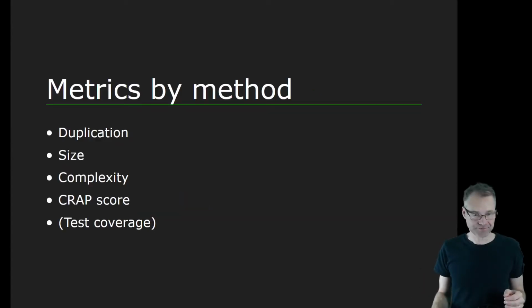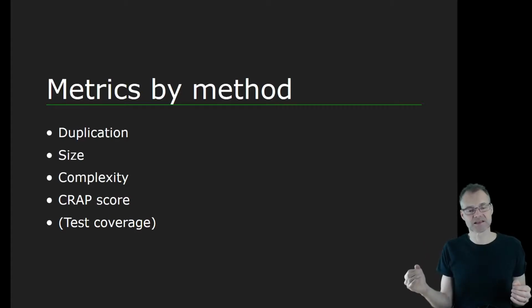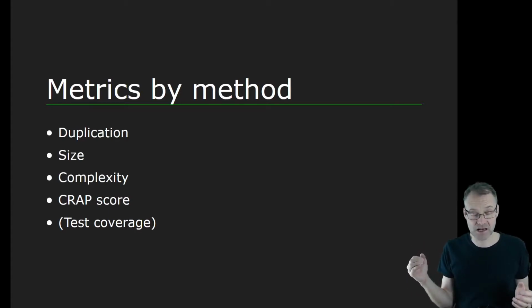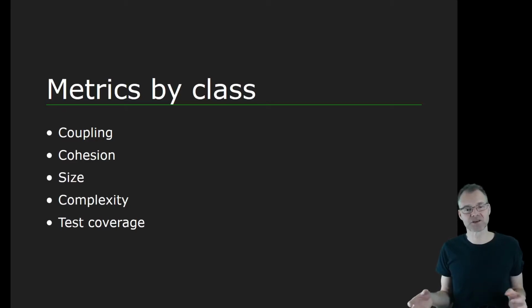Well, let's see. Taken from this Scrutinizer project, we saw that when they did metrics by method, they looked at duplication of code, code size, the complexity of the code, something they labeled the crap score, and a bit about the test coverage. And when they did the same thing by class, they had values for coupling, cohesion, code size, complexity, and test coverage.